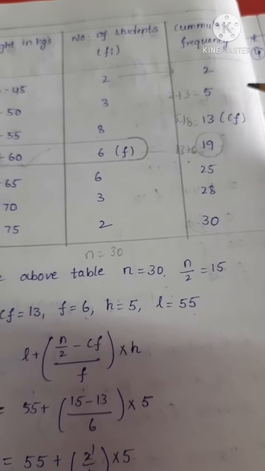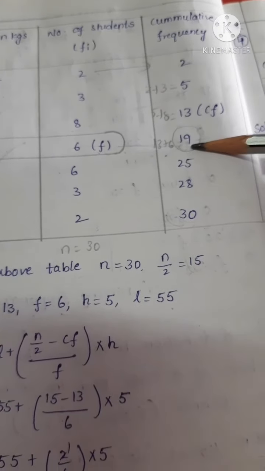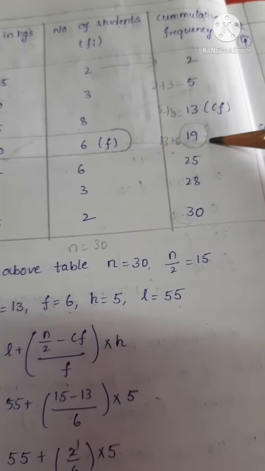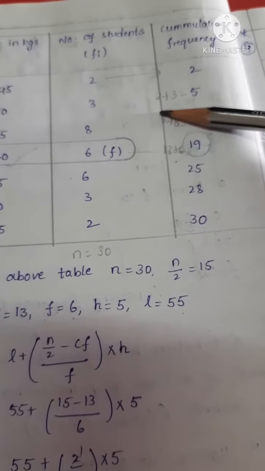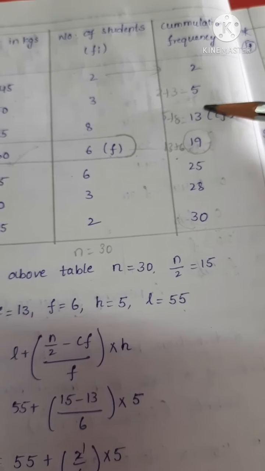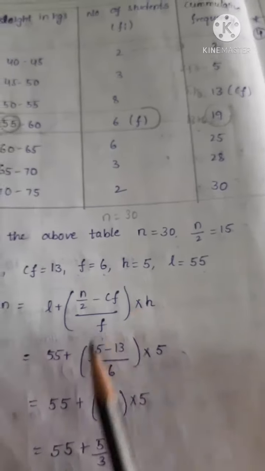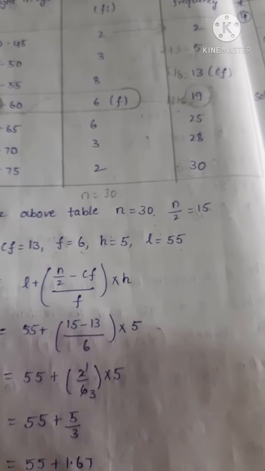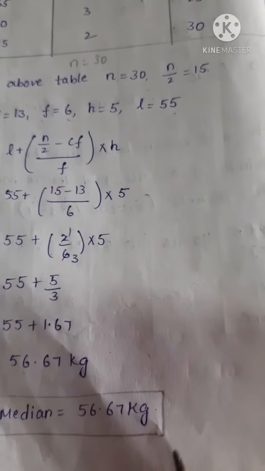And you have to remember that word preceding: the cumulative frequency preceding the median class. Preceding means the previous value, that is the CF. So you find all these values and substitute in the formula, and you will get the median value. So the median of the student weights is 56.67 kgs.